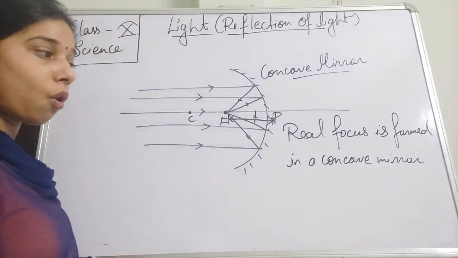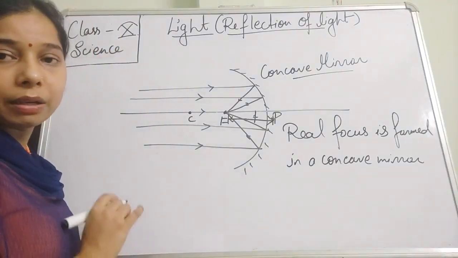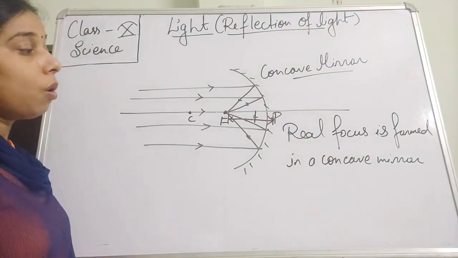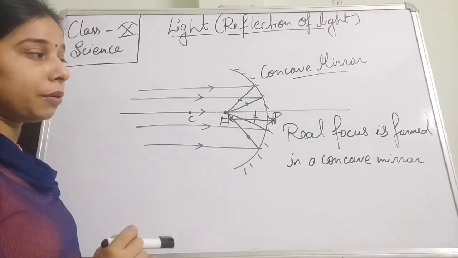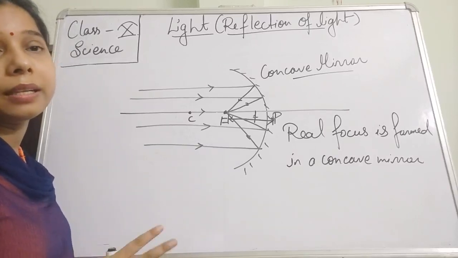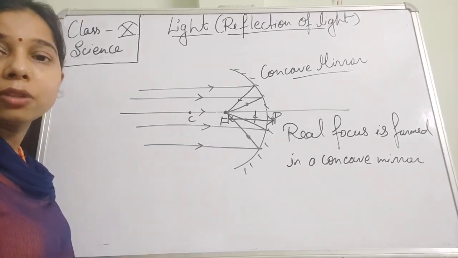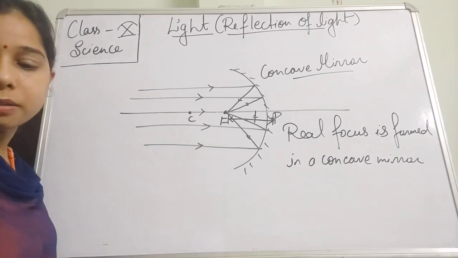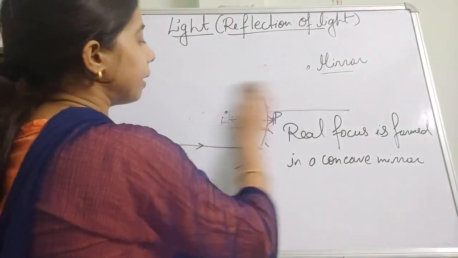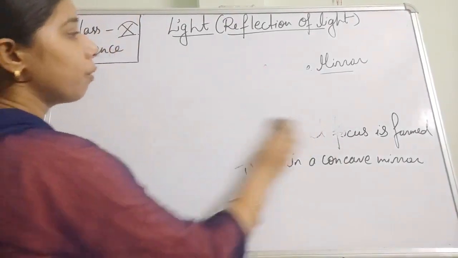A real focus is formed in a concave mirror, students. We already know what real means: where the actual intersection happens, or where the rays actually meet at a point, that is called real.